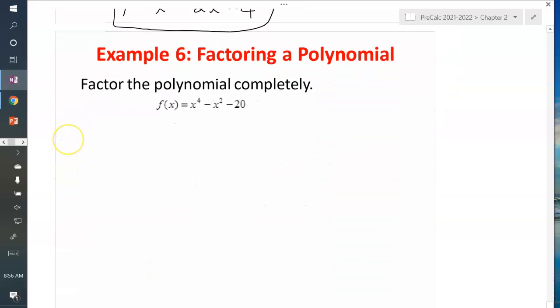All right, next thing we're going to do is factor this polynomial completely. And what we have here is x to the 4th minus x squared minus 20. And I'm going to do a technique that mathematicians often do, and that's called a change of variable.